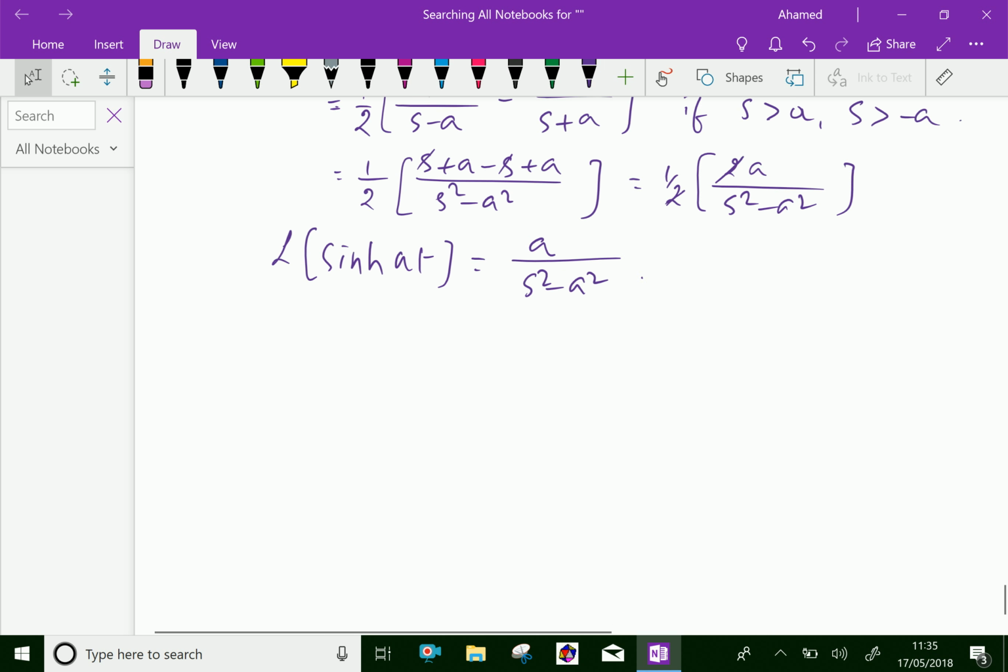Now the same function can be done by using de Moivre's theorem.